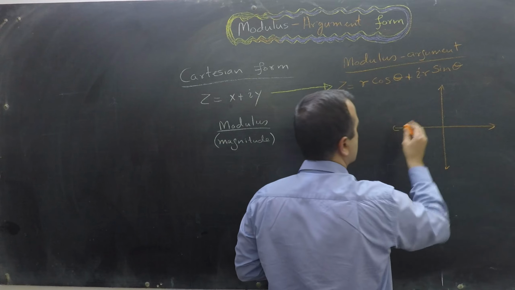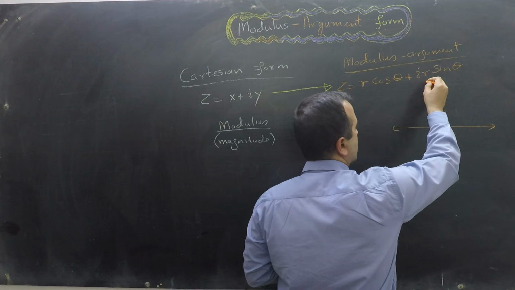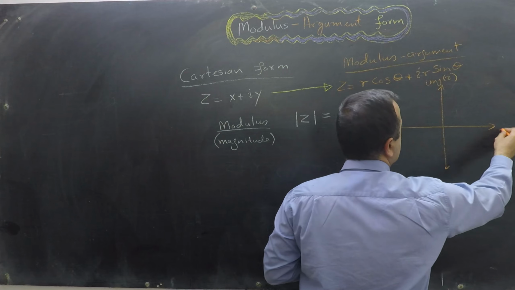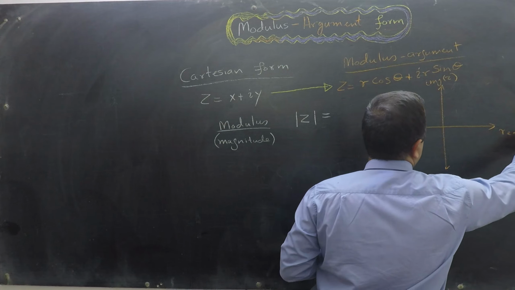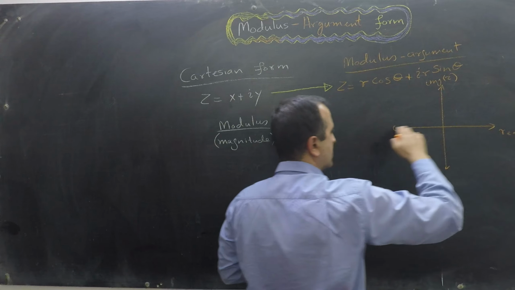So I have here the imaginary axis, I have here the real axis. So this is my imaginary axis for z, this is my real axis for z, and my iotas are here and my real values are here.